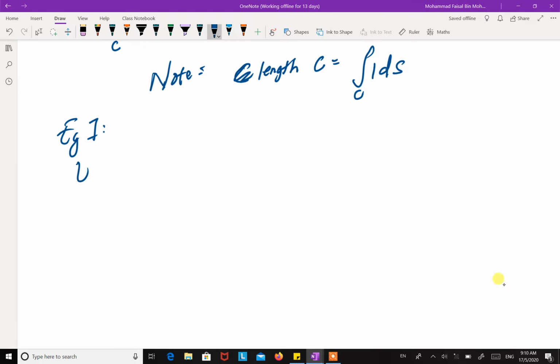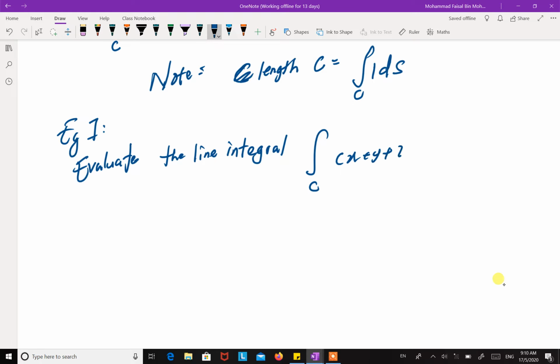Evaluate the line integral of x plus y plus z ds, where the curve is given by x equals 3 cos t, y equals 3 sin t, z equals 4t. Here t is from 0 to 2 pi.